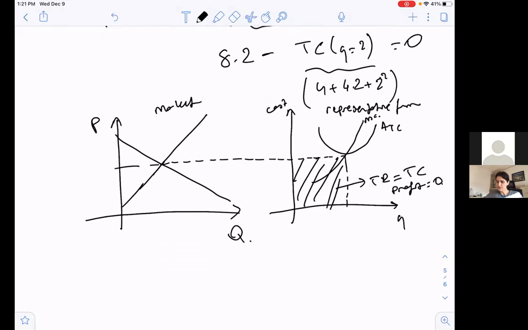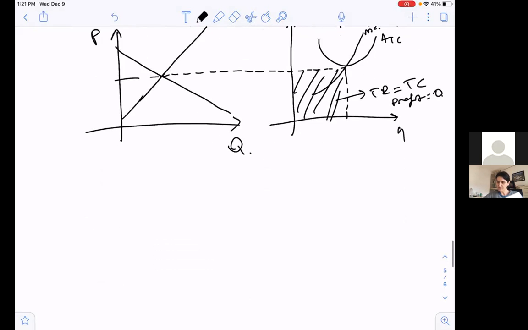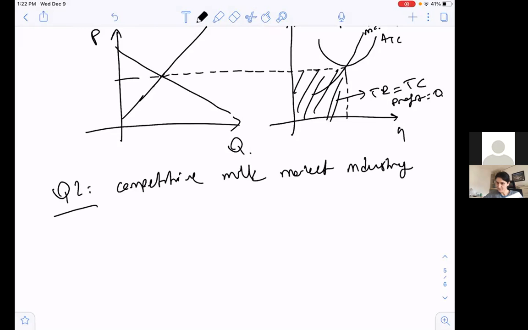Okay, so I'm gonna solve one more question. Consider a milk market in the US. Question 2. There are a number of companies selling milk, a competitive milk market industry, and firm A is a representative firm in this market.